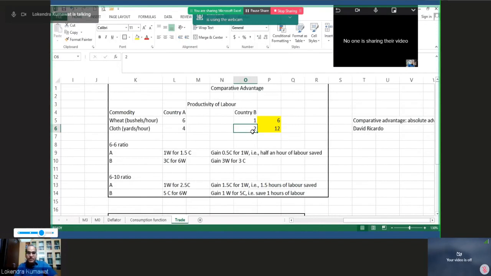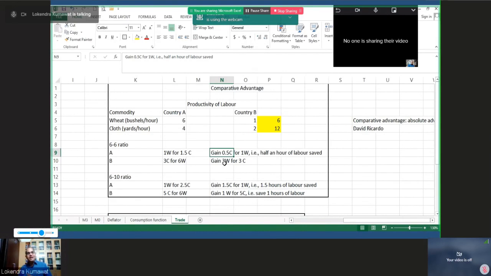In 3 hours of labor, its own labor can produce only 3 units of wheat. But through trade, it is getting 6 hours worth of wheat. So that is a gain of 3 hours worth of wheat. So country A is gaining cloth equivalent to half an hour. Country B is gaining wheat worth 3 hours of labor. Both the countries are gaining.